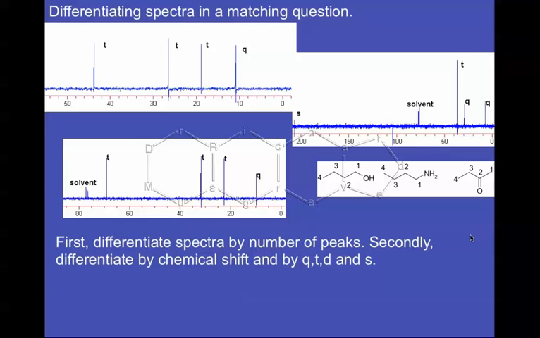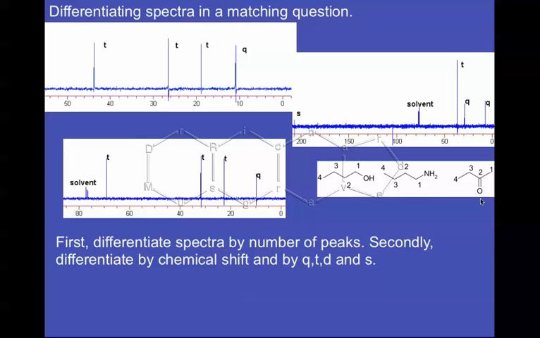The next thing you should do is differentiate them based on a unique carbon atom. And what I would focus on here is C double bond O. This is the only compound that contains a C double bond O. So this would be the one where you would look for a C double bond O in the spectrum.